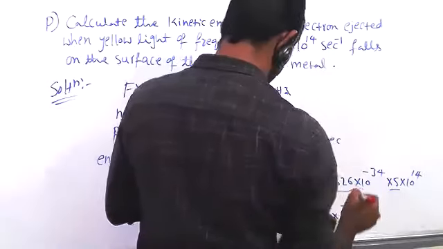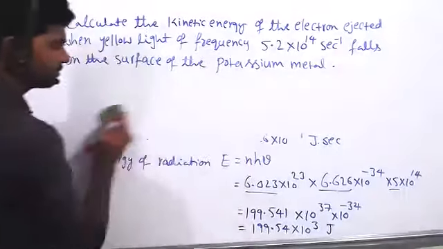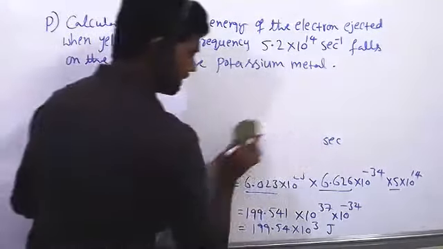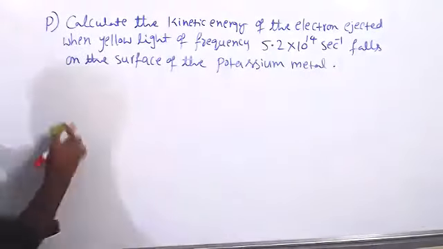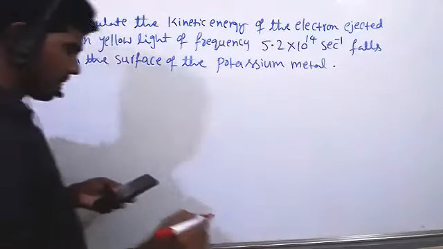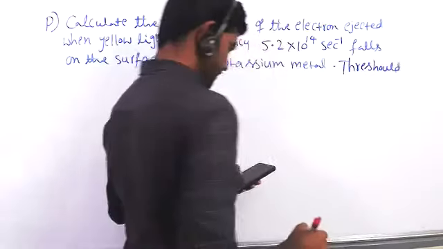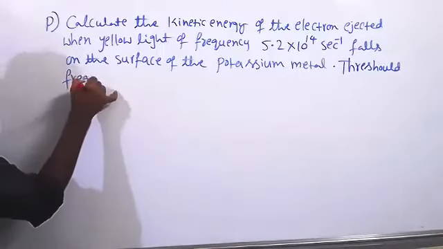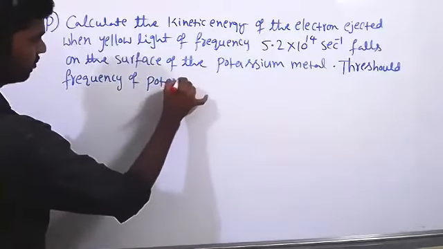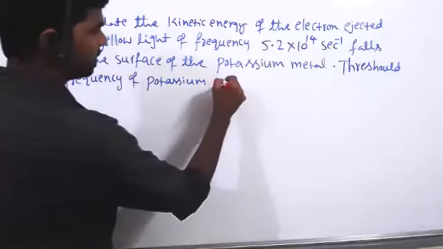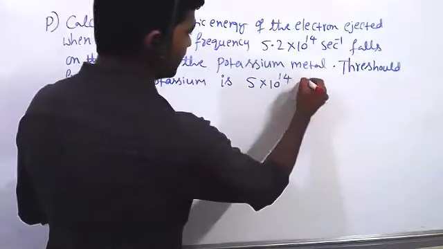The threshold frequency of potassium is 5 into 10 power 14 second inverse.